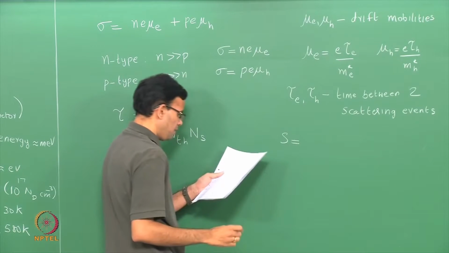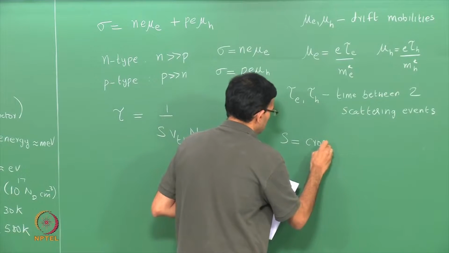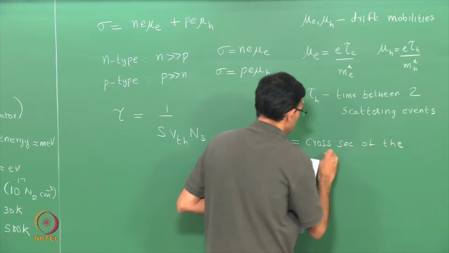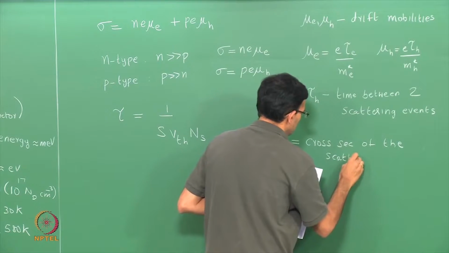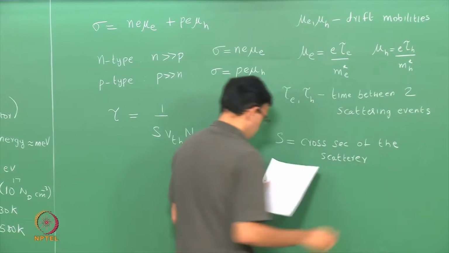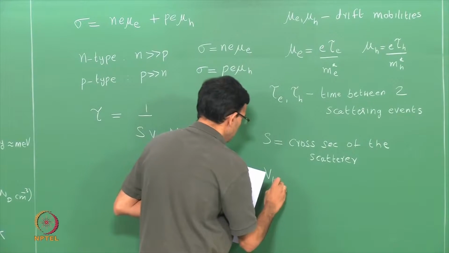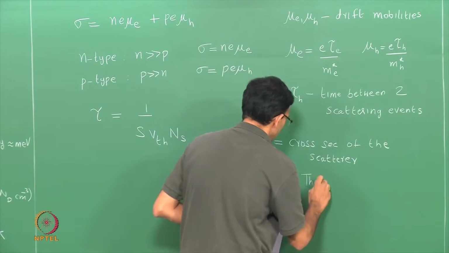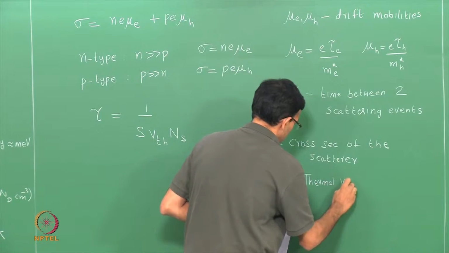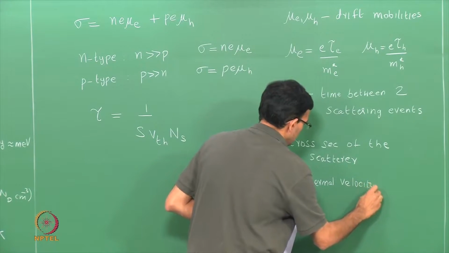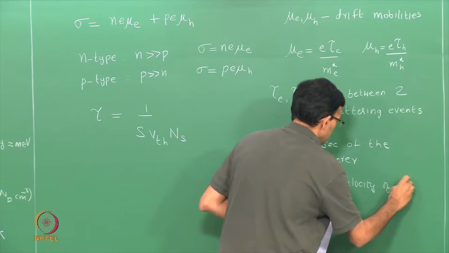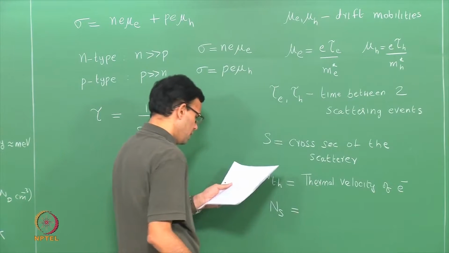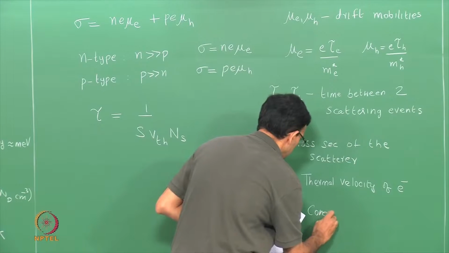S represents the cross section of the scatterer, Vth is the thermal velocity of the electrons, and Ns is the concentration of the scatterers.